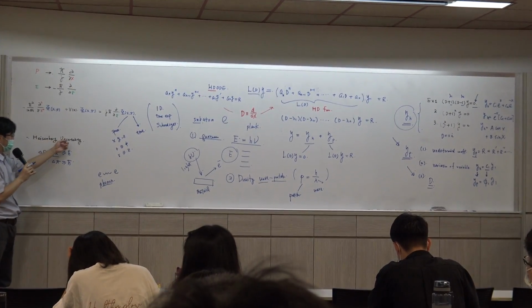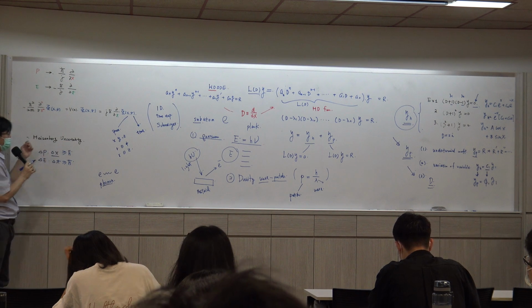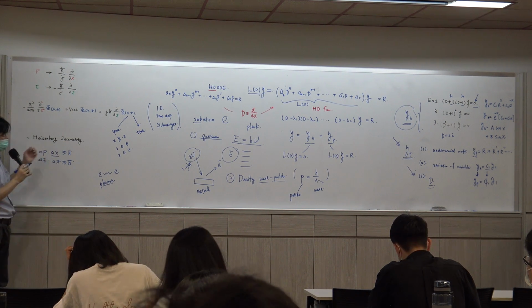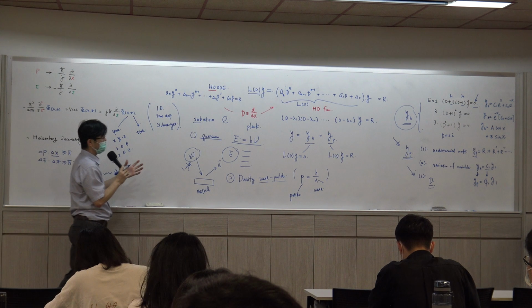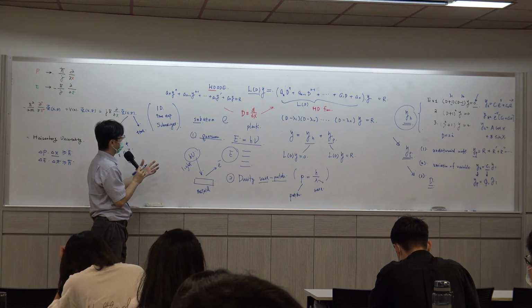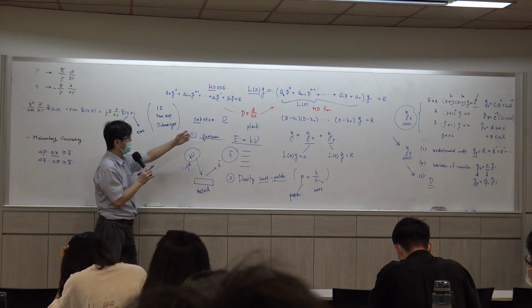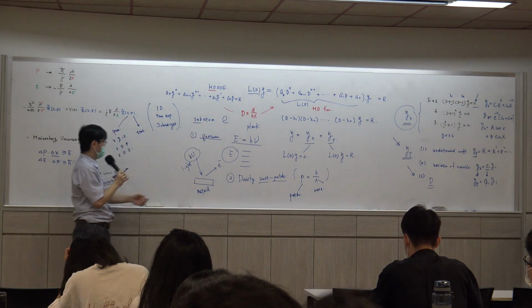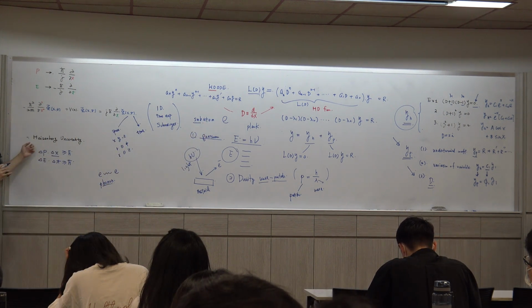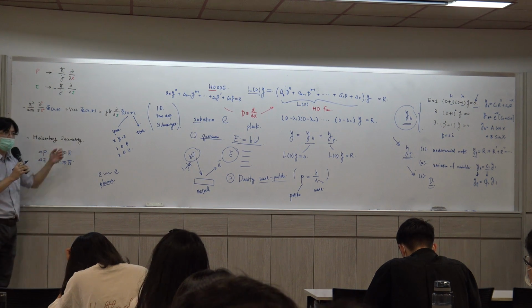It's called uncertainty. So if you want to handle quantum-related systems, especially for the subatom particles, you will suffer from the issue of uncertainty.